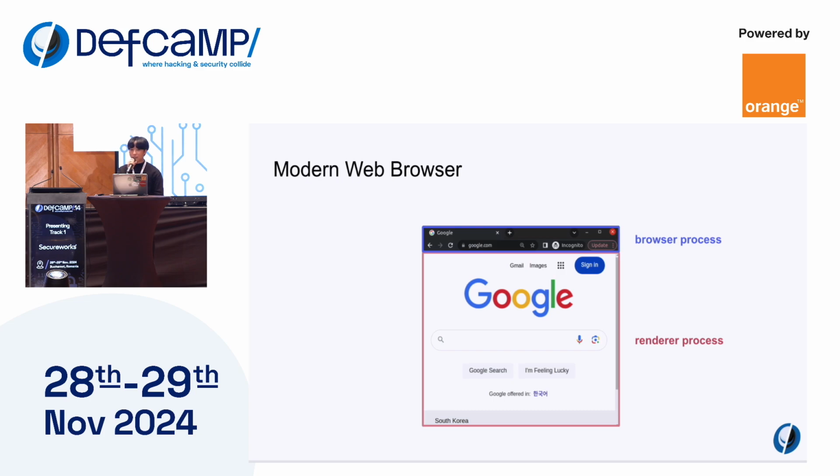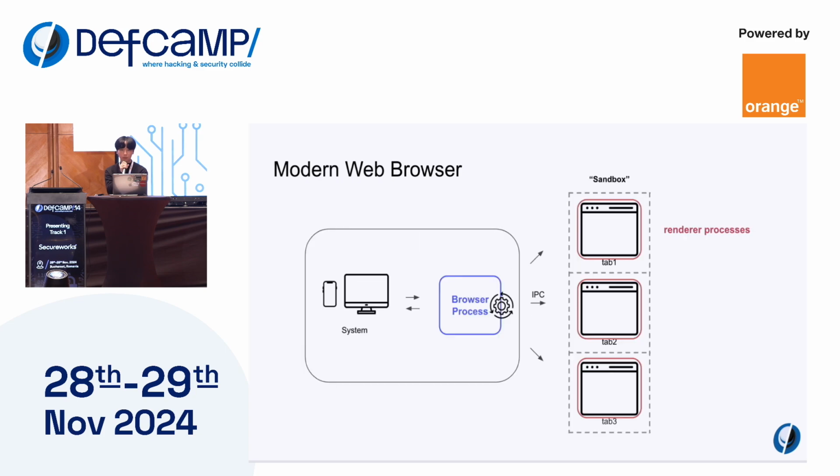So the browser process and renderer process are separated, but why this separation? There are several reasons, such as security, stability and performance. For now, let's focus on the security benefits of this design. This is an overall picture of the browser process and the renderer process.